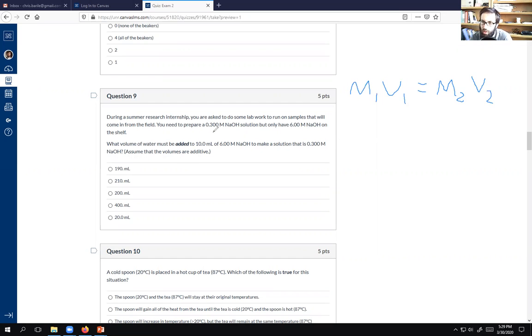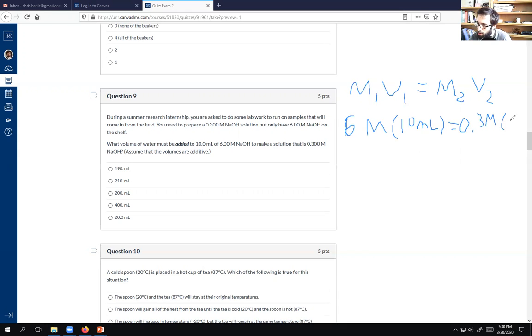So what do we have? We have 10 milliliters of 6 molar. So we have 6 molar here, and 10 milliliters as our initial volume. And we want to make a 0.3 molar solution.